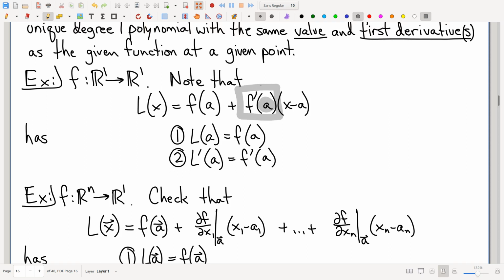Right now X does. X is the variable. But A doesn't move. A is a constant. That means that f prime of A is a constant. And then as you compute L prime, think about how that factors in and everything works out, and we win.